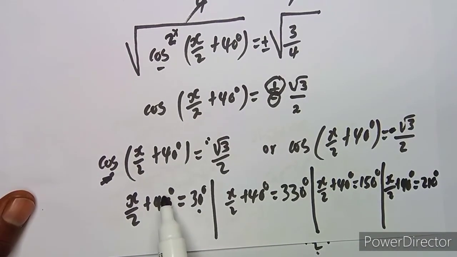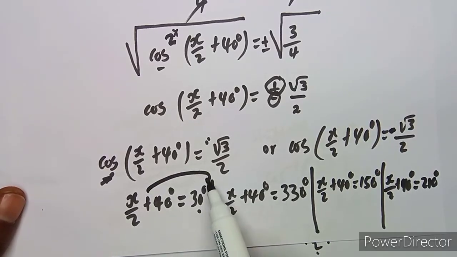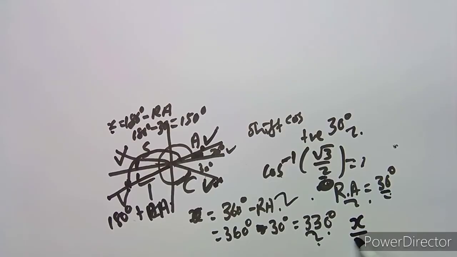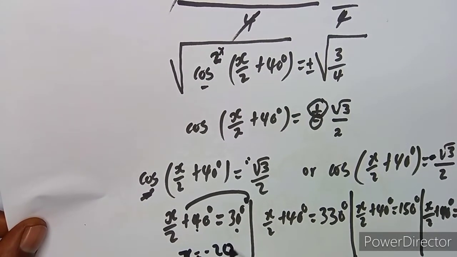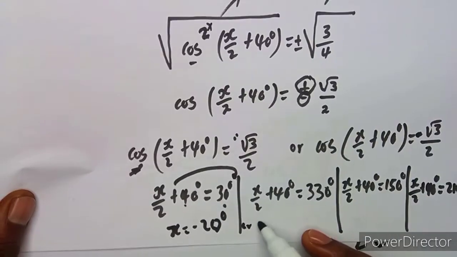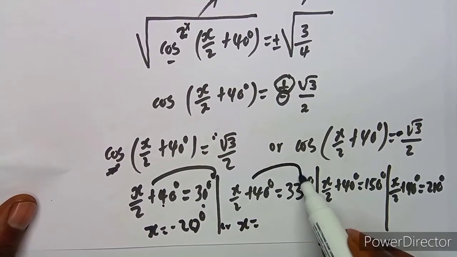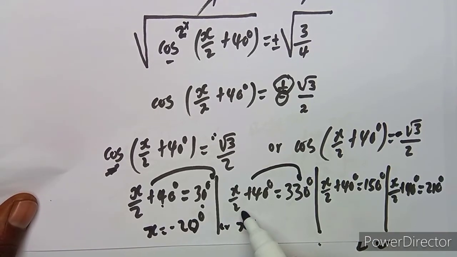And here it's just a matter of transposing. This side is going to be 30 minus 40, which is minus 10. Then we multiply by 2, so x over 2 is equal to minus 10, then you cross multiply, which is going to be minus 20 degrees. For the next, you subtract first, 330 minus 40, whatever that you get, you multiply by 2.